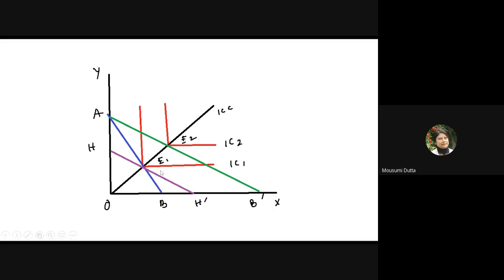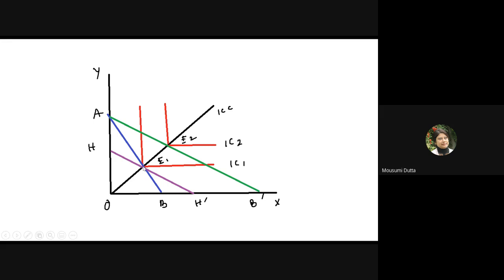Now to separate out the substitution effect from the income effect, I can draw a straight line, budget line HH prime, which is parallel to AB prime, so that the consumer, if he wants, can consume along the same indifference curve.